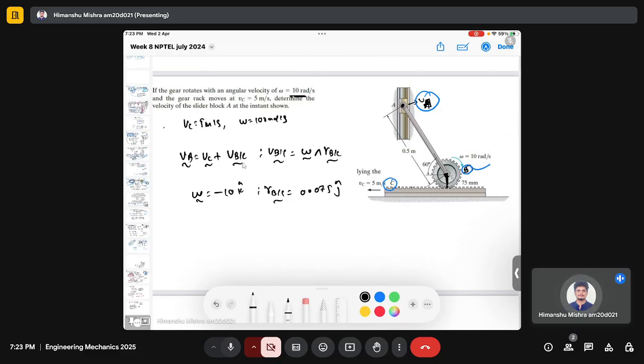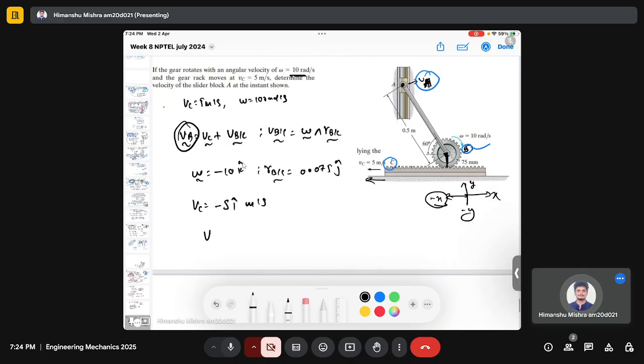Vc we know, which is in the left hand side direction. So if you draw the Cartesian coordinate axes, you will know it is actually in the minus x direction. So it is minus 5i meter per second, and we need to find Vb. We don't know anything about Vb.